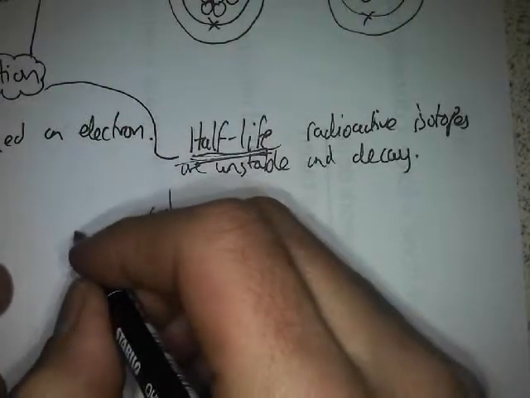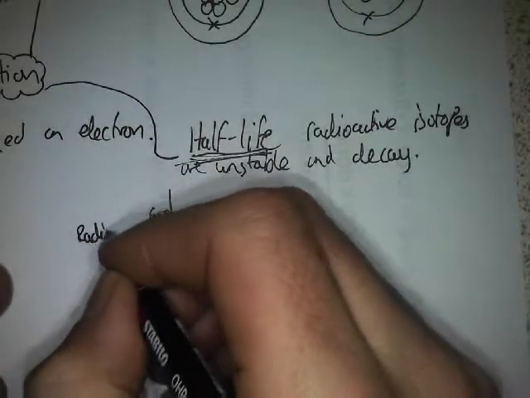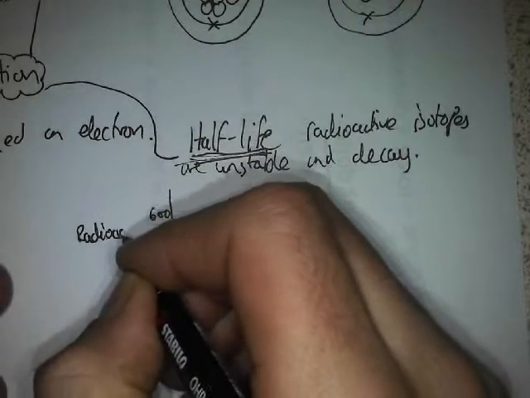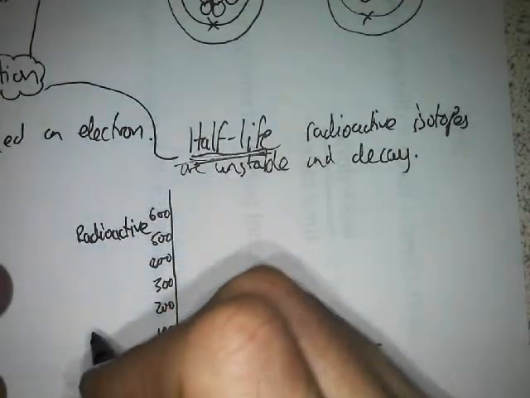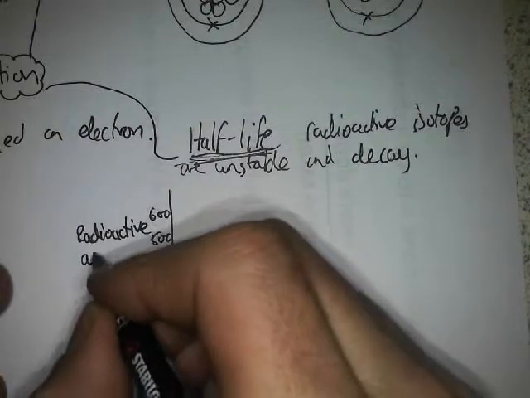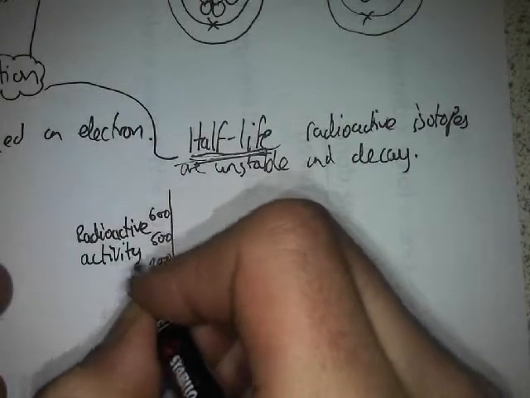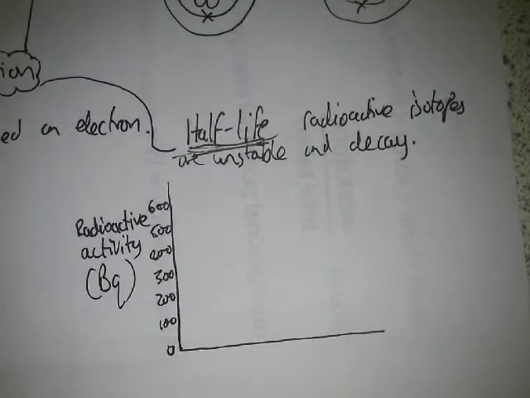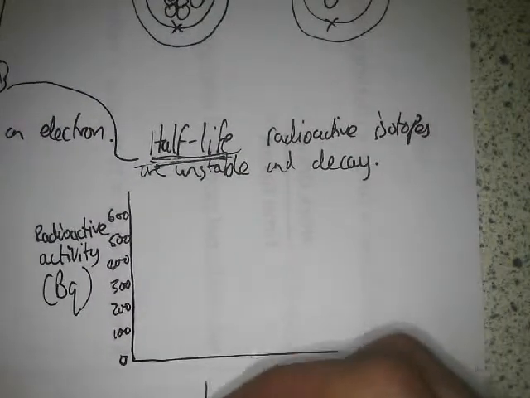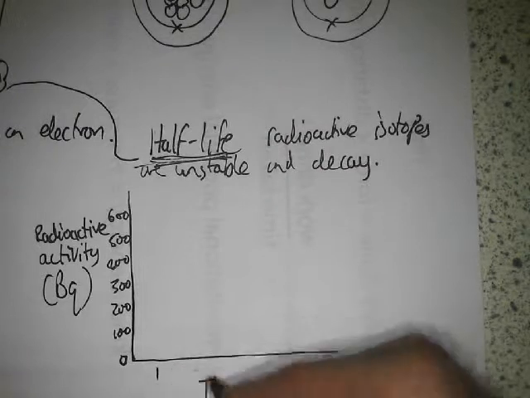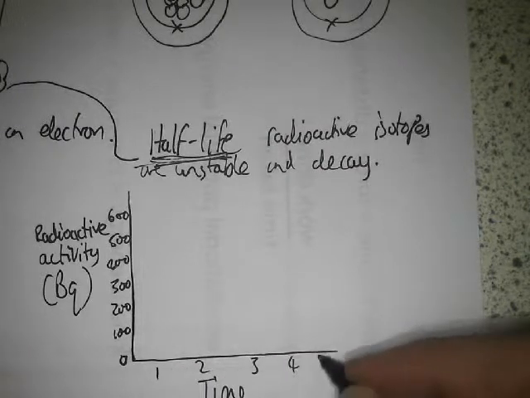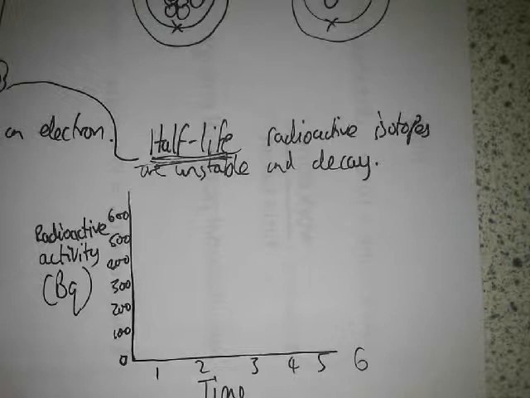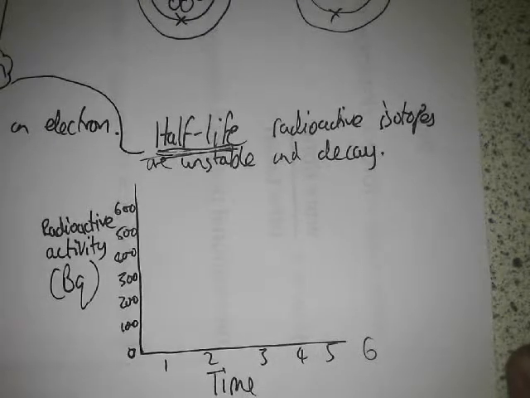So up this side on the y-axis is radioactive activity. So how many clicks are you getting on your Geiger counter? And that is measured in becquerels. And you'll have time along the bottom. 1, 2, 3, 4, 5, 6. Could be days, hours, whatever it may be.